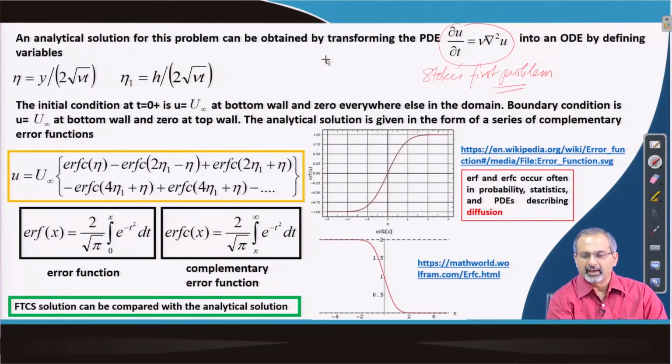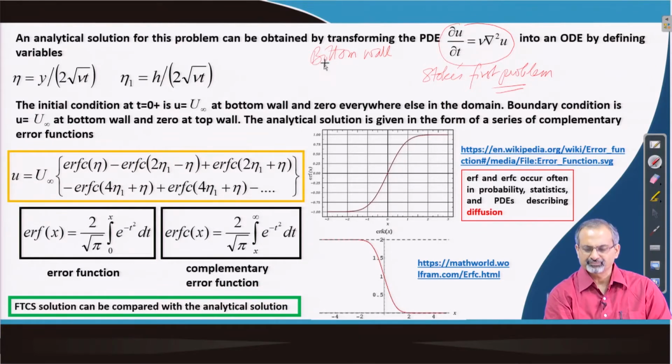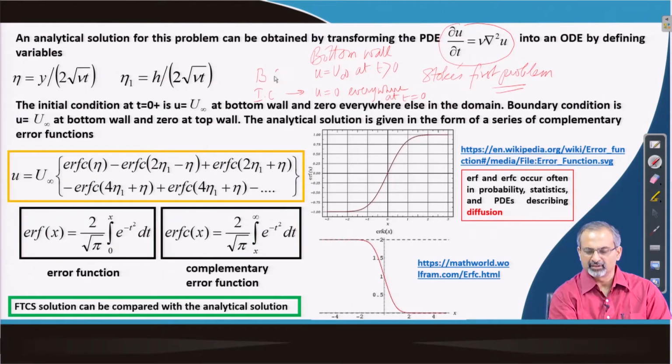That means at the bottom wall we have u equal to u infinity at t greater than 0, and we have the initial condition as u equal to 0 everywhere in the field. So, this is the initial condition and this is the boundary condition.